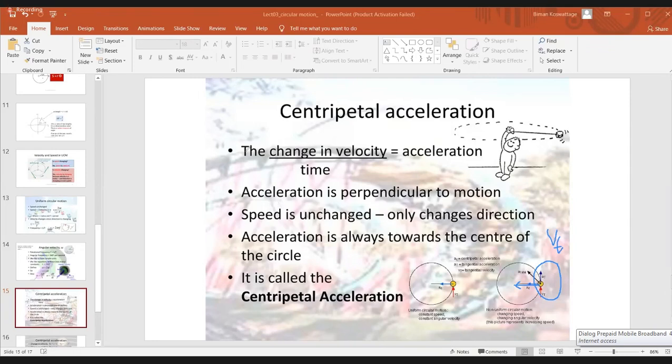So the important thing is this centripetal acceleration. This particular acceleration is on this side, center side, AC.